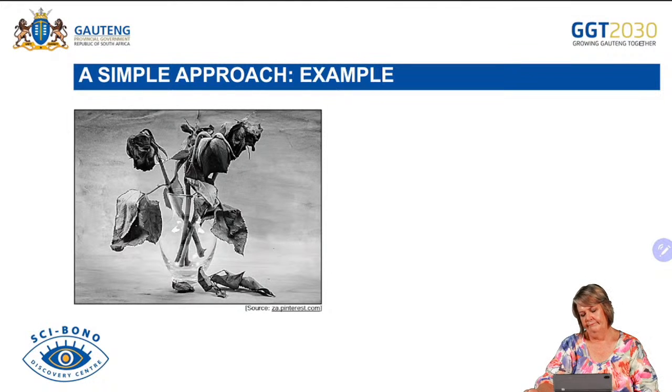Now, it actually looks like quite a boring picture, to be honest. What do I see? Oh, I see a vase. It's made of glass. It's very shiny. I see flowers.